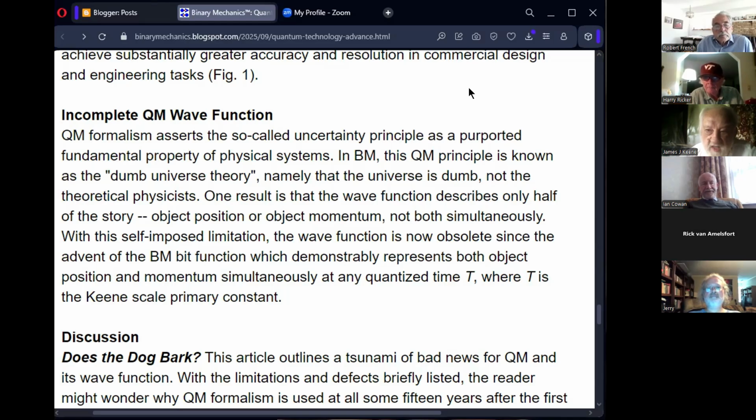What the GRACE satellites, in fact, detected was surface temperature, as predicted by binary mechanics, as important in the gravity phenomena. It's not a force, it's just a collection of phenomena that people group together.